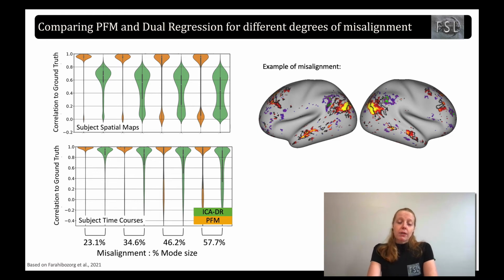And this is in relatively high quality Human Connectome Project data. So it's a little bit hard to see, and I'll guide you through it, but there's a black outline shown here, which is the same network in the same individual subject, but from a different type of scan, a different version of alignment that was used. And then in the color underneath it is the network from, again, a different alignment.